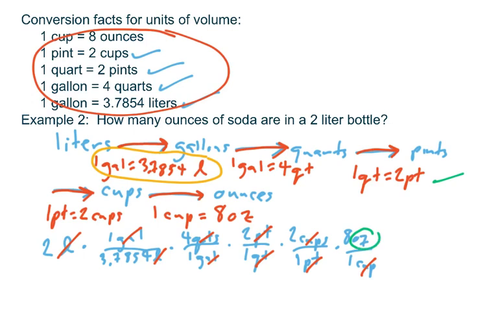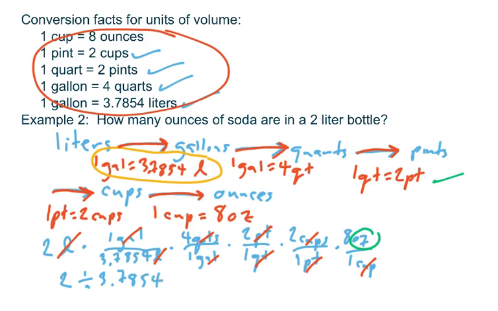The operation we would do on the calculator is we'd be starting with the 2. Because the 3.7854 is in the denominator, we would divide by 3.7854.